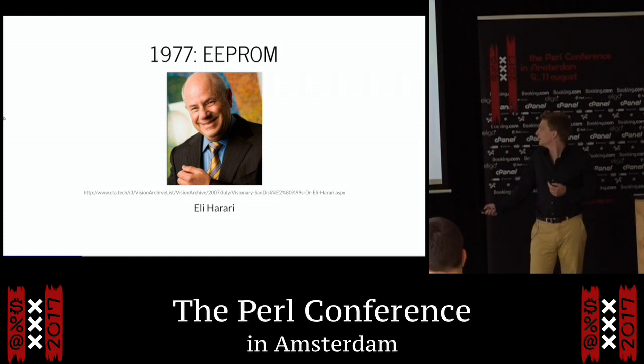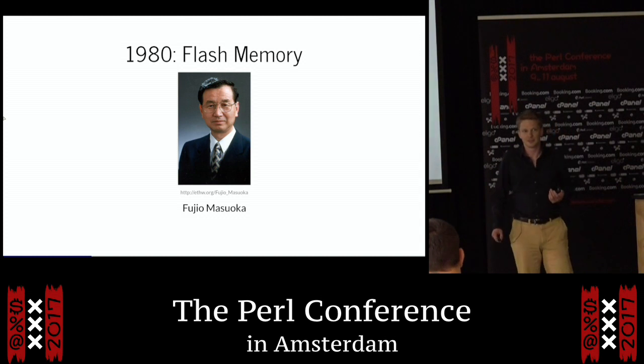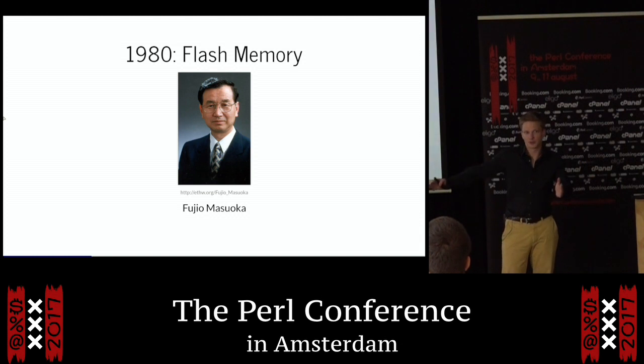And then flash memory was invented. This guy worked at Toshiba at the time. He had the idea that you should optimize the erasing, because the erasing was what made it slow. His idea was to erase much larger blocks of data than the block size for writing.